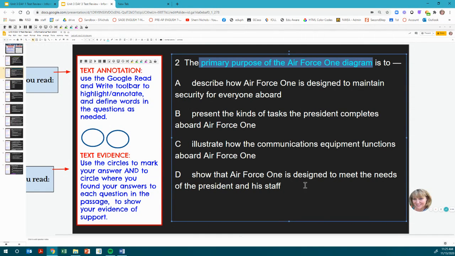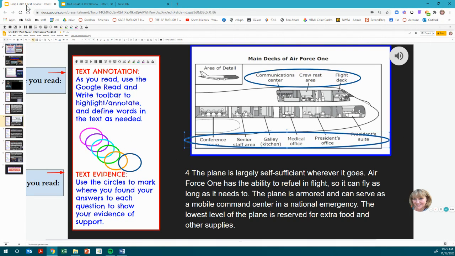To show that Air Force One is designed to meet the needs of the president and his staff. So if we go look at this one, looking at these, there's the communication center, the crew rest area, the flight deck. That's all taken care of on the top floor. The bottom floor is the conference room, the senior staff area, the galley, which is the kitchen, the medical office, the president's office, the president's suite.